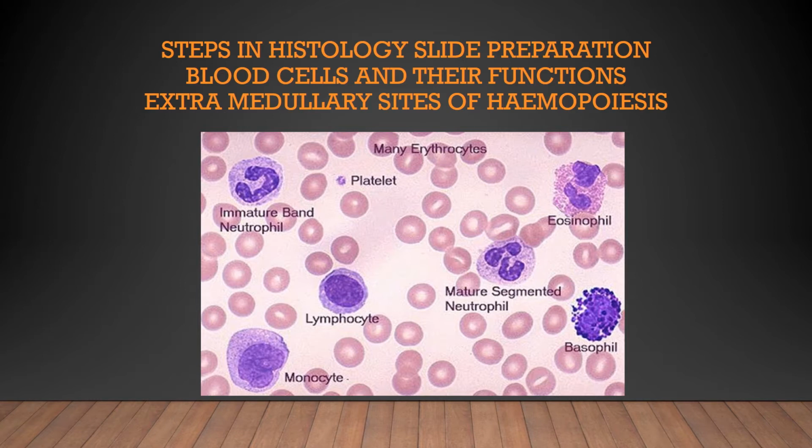Then you have platelets, which are the smallest, and they play a role in blood clotting. As for extramedullary sites of hematopoiesis, you have liver and spleen. If you're also asked about the factors involved in hematopoiesis, you have things like erythropoietin and thrombopoietin.